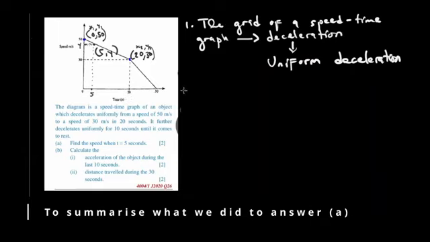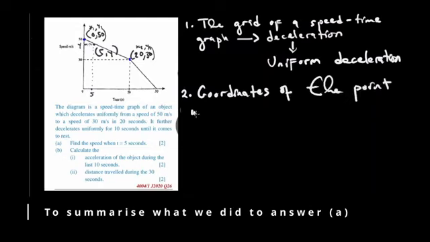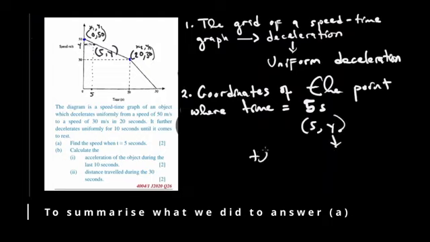After doing this, we now determined the coordinates of the point where our time is equal to 5 seconds. We determined the coordinates of the point where our time is equal to 5 seconds, and our answer was actually 5, y. Y is representing the unknown speed, or the speed which is asked in part A.